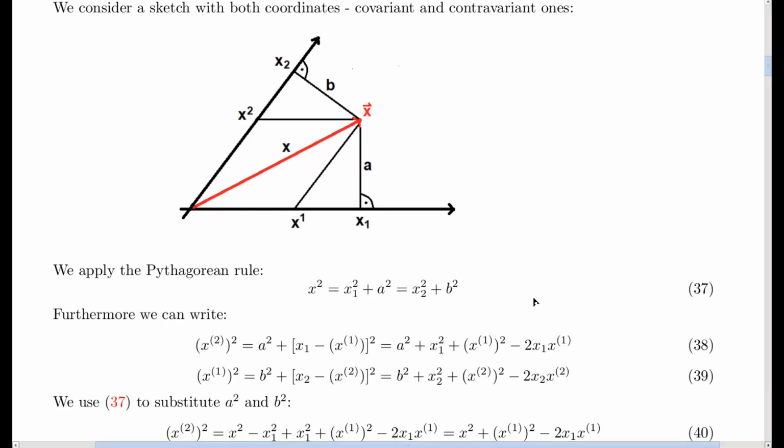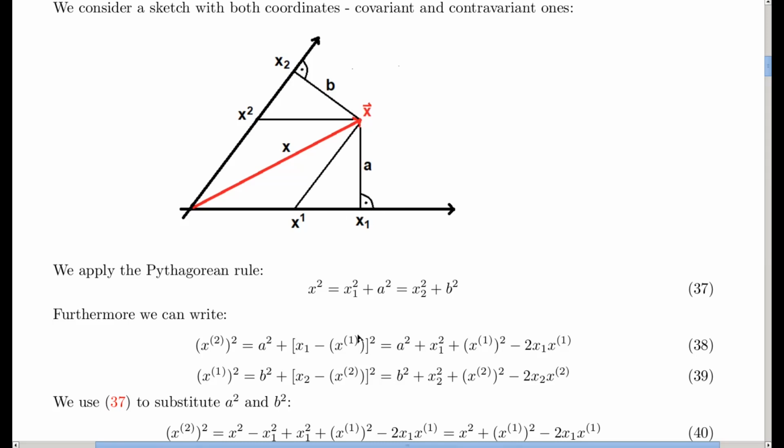And so we can write for the smaller right triangle here, x2 contravariant squared, that's this, is equal to a squared, one leg, plus the square of the difference between x1 covariant and x1 contravariant. That is written here. In analogy we get the same for the other coordinate, for the other triangle.